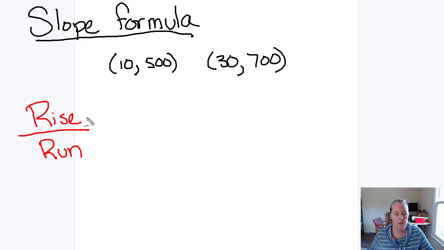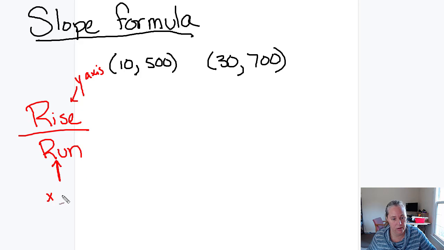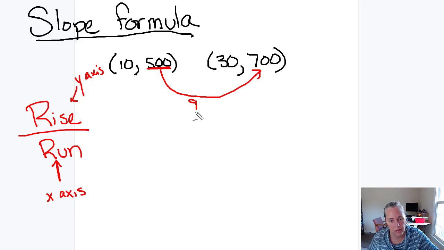Okay, and we know that rise has to do with the y-axis and y variables. And we know that run has to do with the x-axis and our x variables.